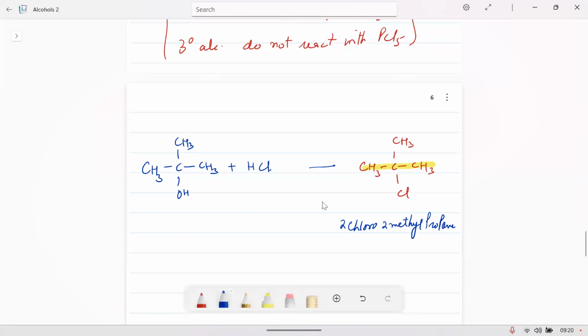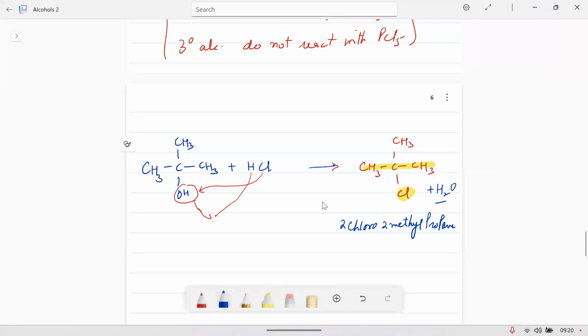So what happens is the OH goes out, the Cl takes its place, and this OH and this H combine. This is not a mechanism. So the Cl comes and takes its place here, and the water will be the additional product.